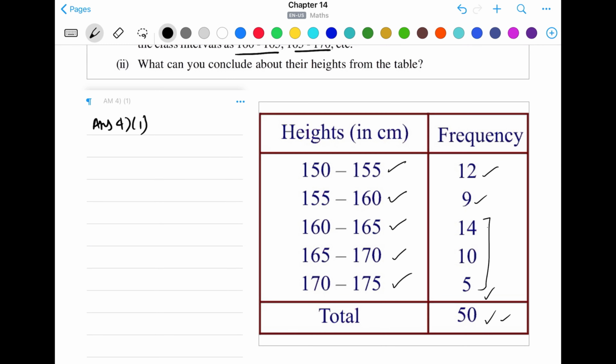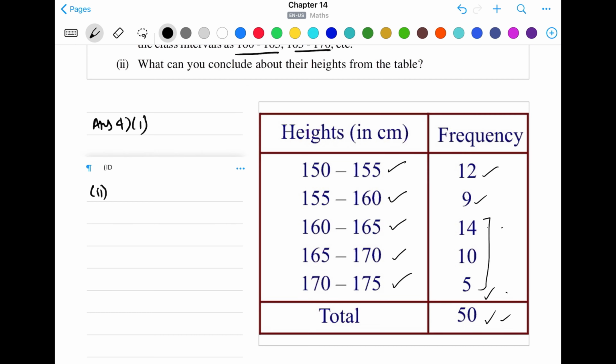You can draw some more conclusions, that there are very few students which are between 170 to 175, and the most number of students are between 160 to 165. So there are various conclusions that you can draw from here. You can write them according to yourself.